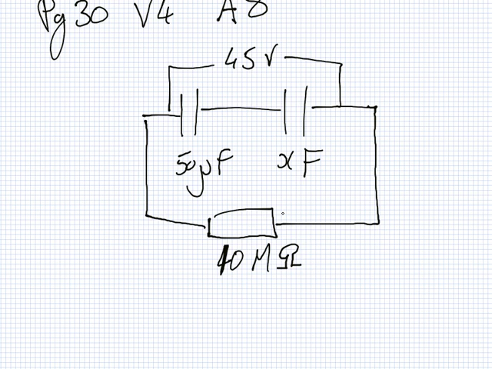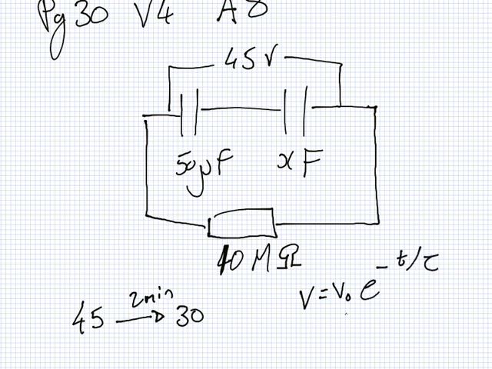So we know that it goes from 45 to 30 in 2 minutes. Right, let's make use of that. We know that V equals V0 e to the minus t over tau. What's the V here? 30. The V0 is 45.